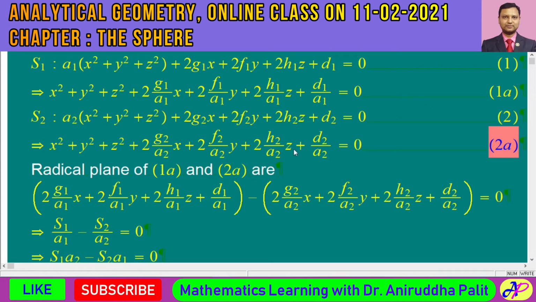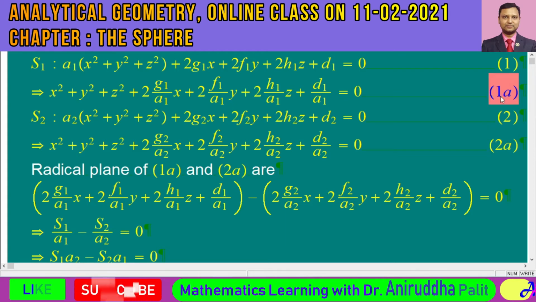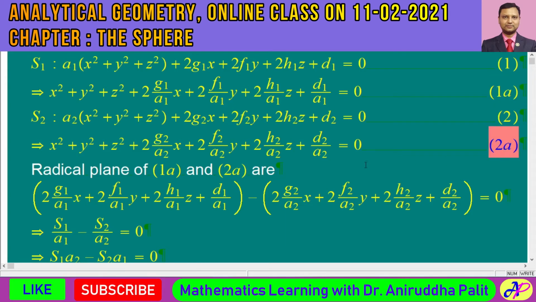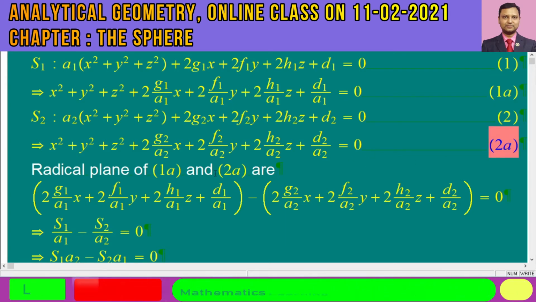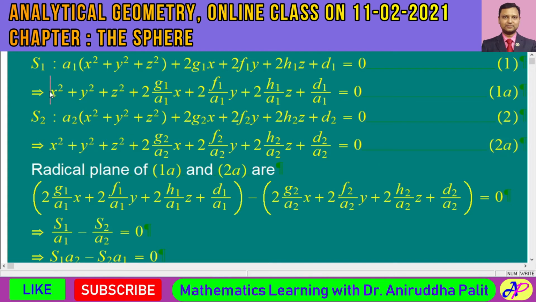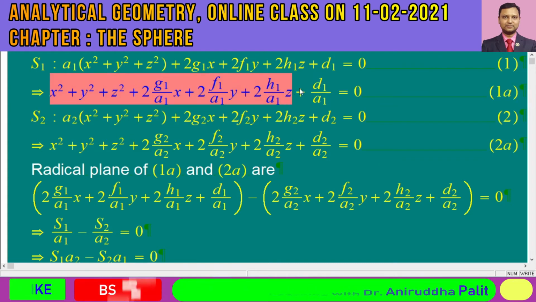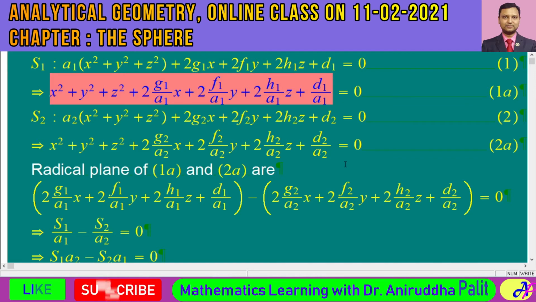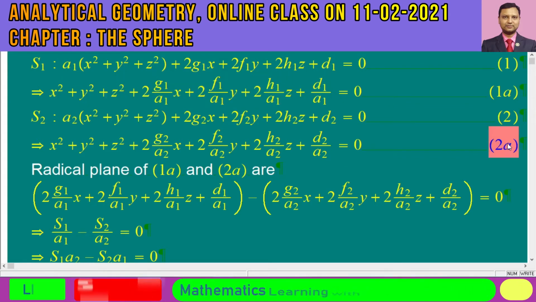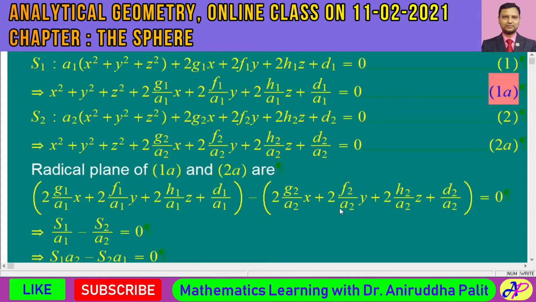Then what would be the radical plane of these two spheres 1A and 2A? The radical plane would be computed just by subtracting equation number 2A from equation number 1A.